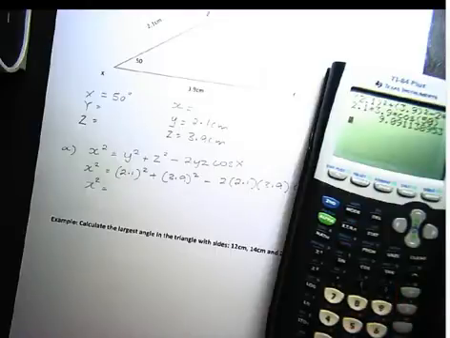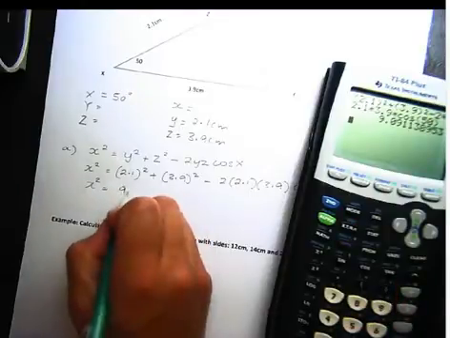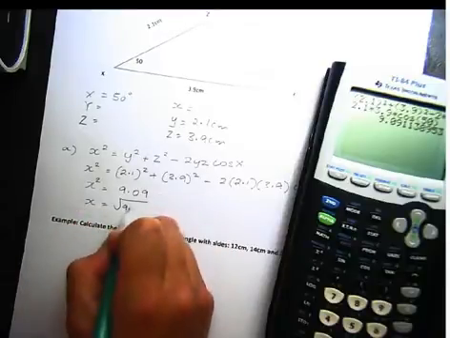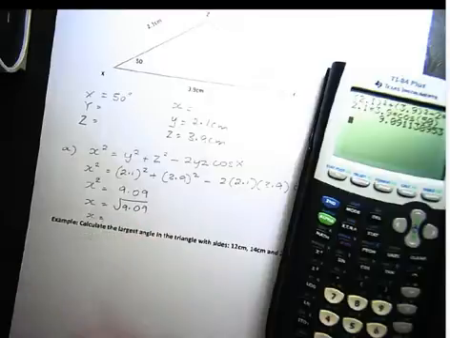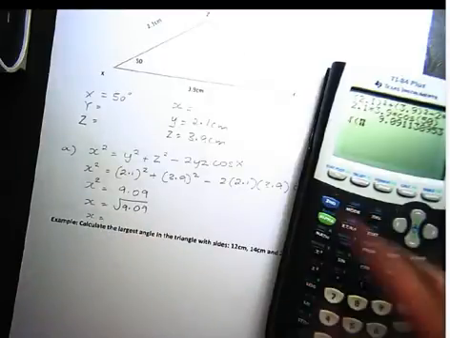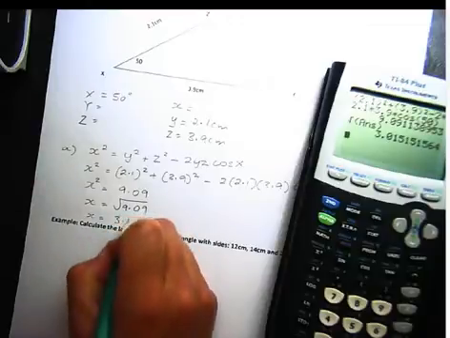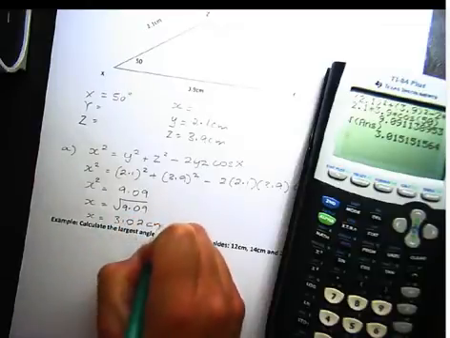Okay, and that gives me 9.09, and then I'm going to do the square root of that. And I'm just going to do that on my calculator so that I get as accurate an answer as I possibly can. Okay, so it's 3.02 centimetres.